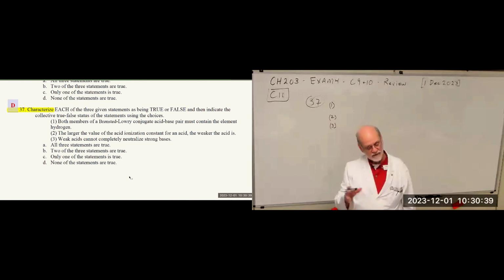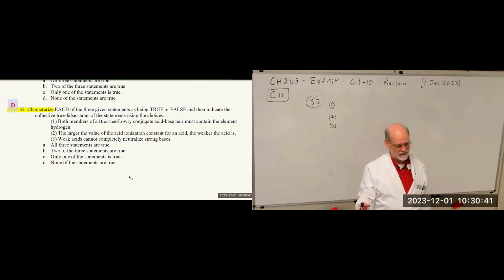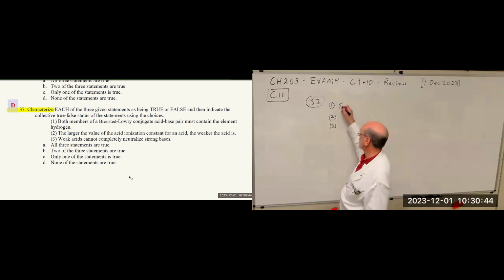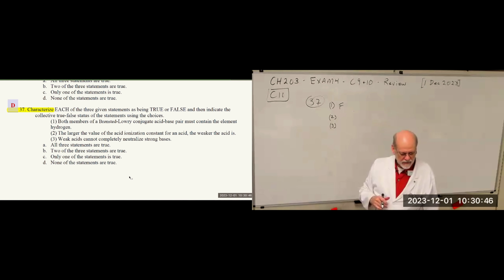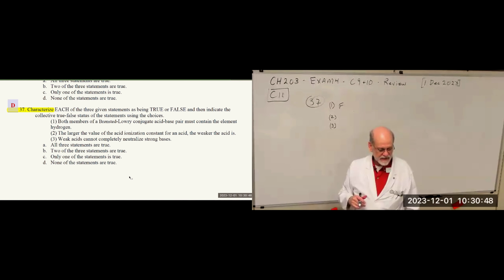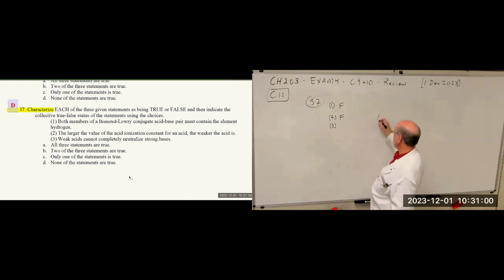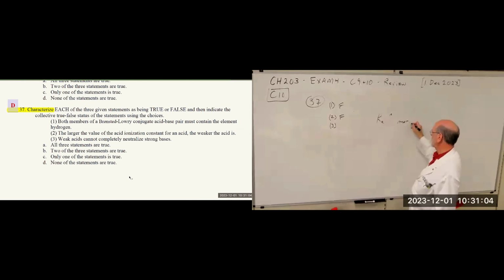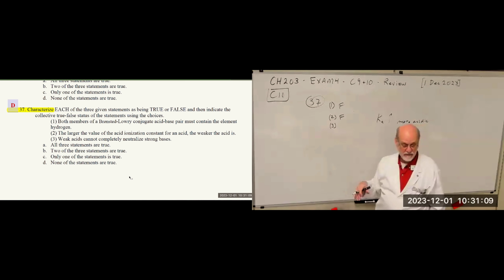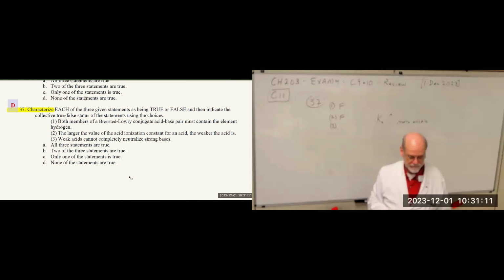When it loses it, the base doesn't have a hydrogen anymore. So 1 is false. The larger the value of the acid ionization constant for an acid, the weaker the acid is. That's false. The bigger the Ka, the more acidic. It's a stronger acid than one with a lower value of Ka.